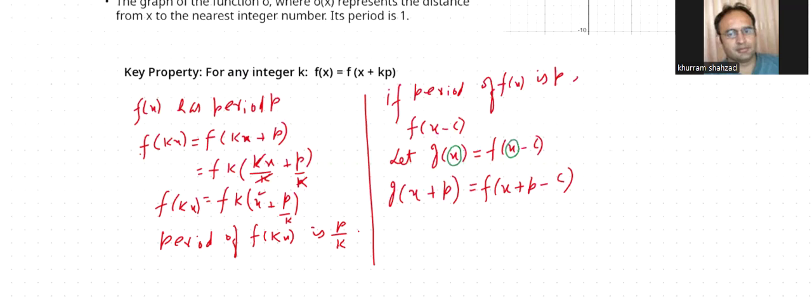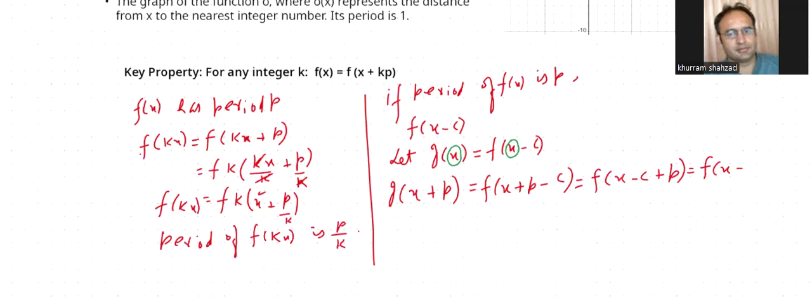We can write this like that: f of x minus c plus p. Since the period of f is p, this is equal to f of x minus c.